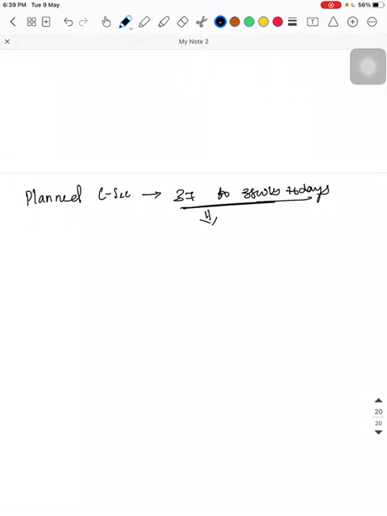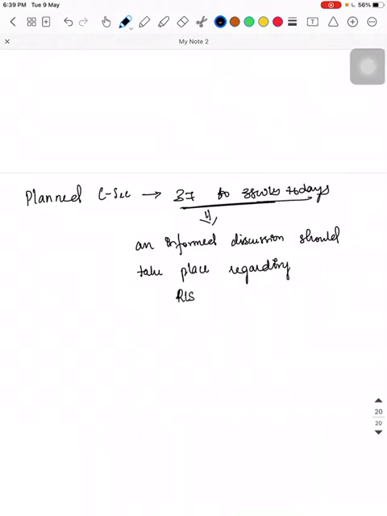So an informed discussion should take place regarding the risks and benefits of giving the steroid.